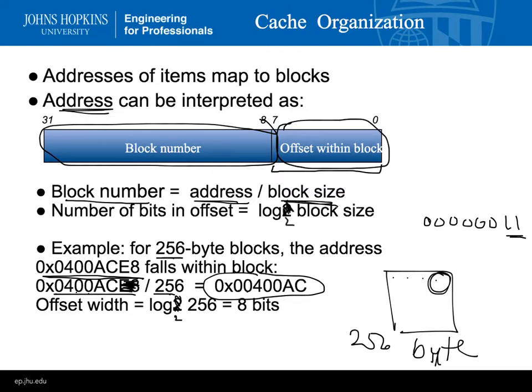This is my item, this is my byte. So this describes the offset within the block. This is where I find the block in memory, and this describes where in that block it is.